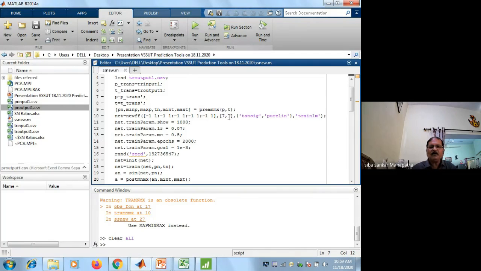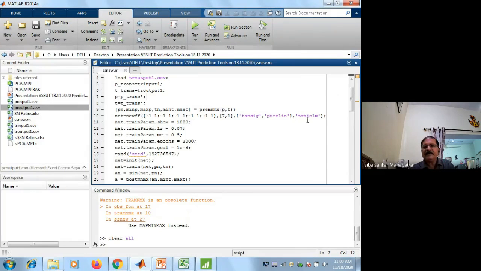And the output neuron is 1 only. Then this is a tan sigmoidal function, the activation function we use from input to hidden. Then from hidden to output, you see you have given a pure linear activation function, right?